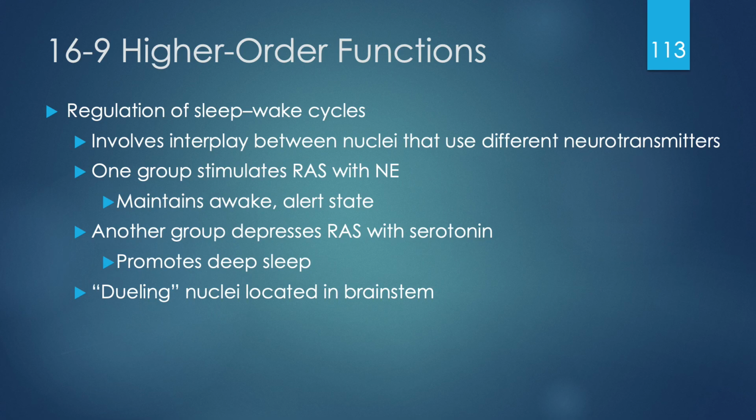So of course, epinephrine is a stimulant, right? So that norepinephrine maintains our awake and alert state. But then there's another group that will depress the reticular activating system via serotonin. So that will help us to have a deep sleep and relax. So these dueling nuclei in the brainstem have an important role in regulating our sleep and wake cycles.